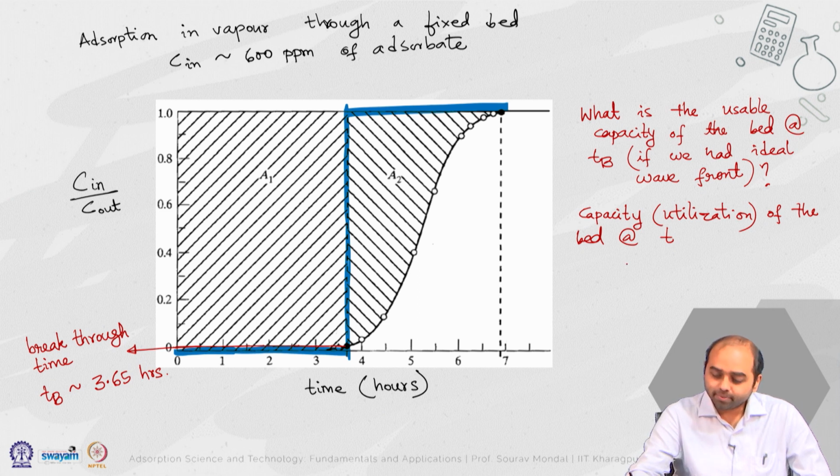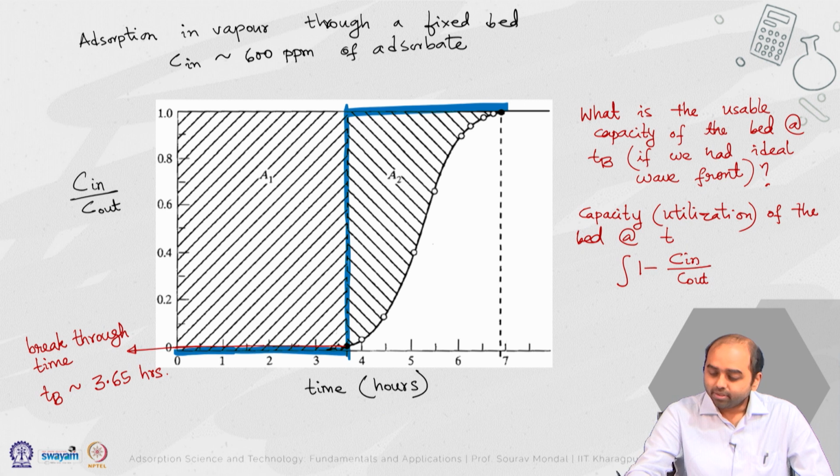So the capacity of the bed can be represented by whatever outlet concentration is achieved. In this scenario, the amount of the species that is adsorbed, which is actually removed from the solution, can be represented by whatever the outlet concentration one gets minus the inlet concentration.